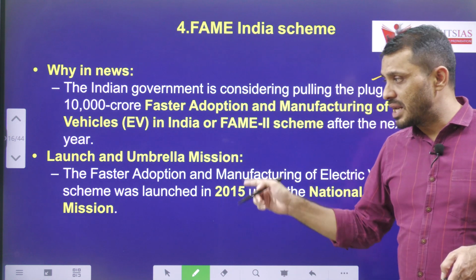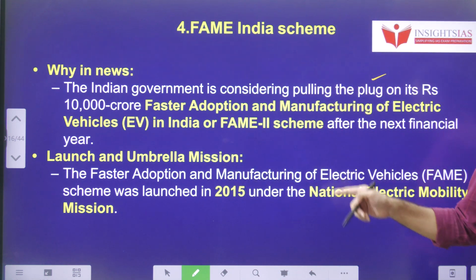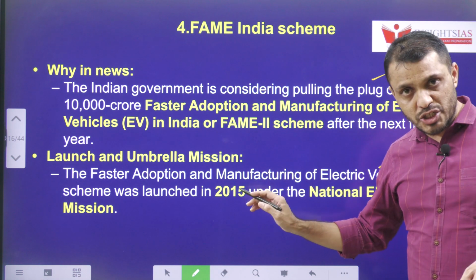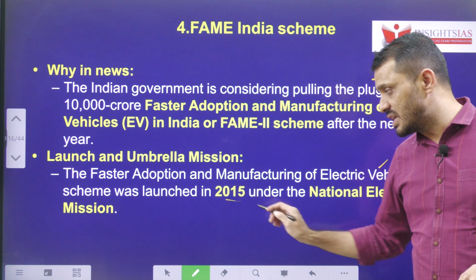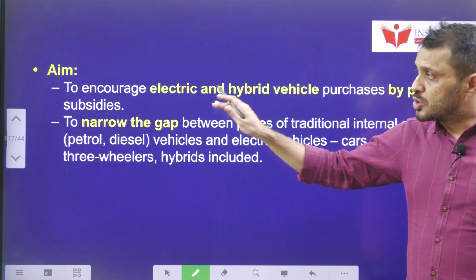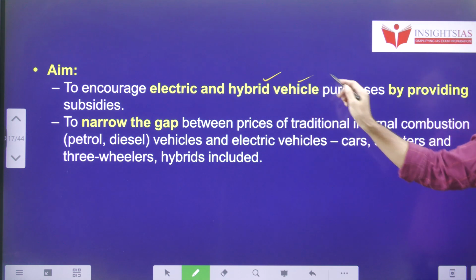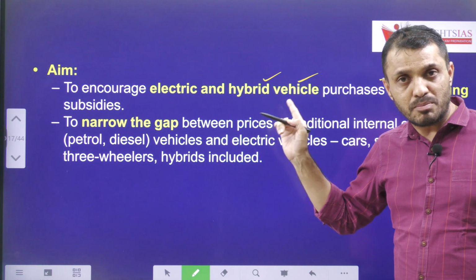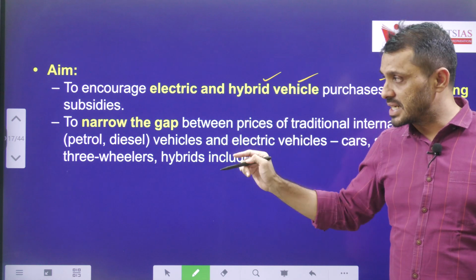This scheme, the first phase, was launched in 2015 under the National Electric Mobility Mission, to encourage electric as well as hybrid vehicle purchase by providing subsidies. Hybrid vehicle means they run both on fossil fuel as well as electricity.